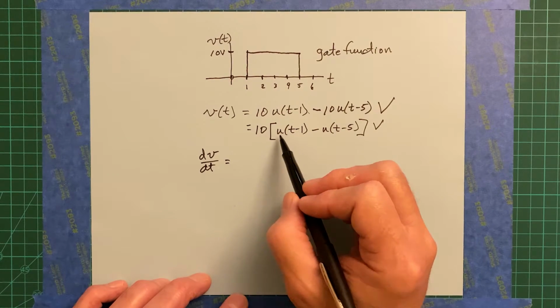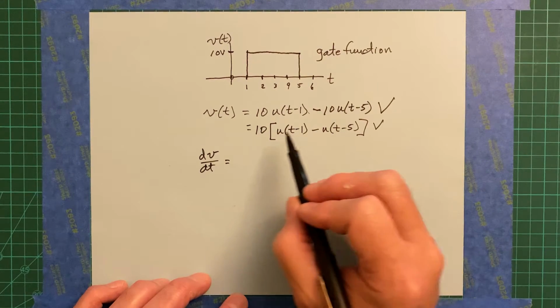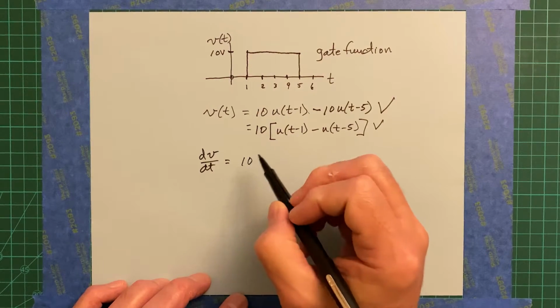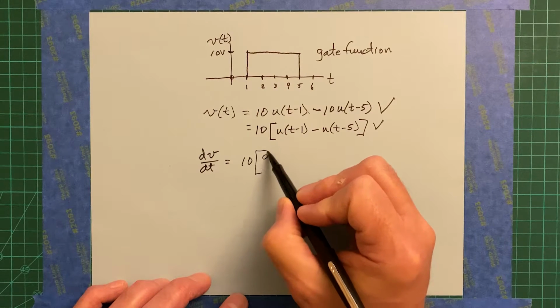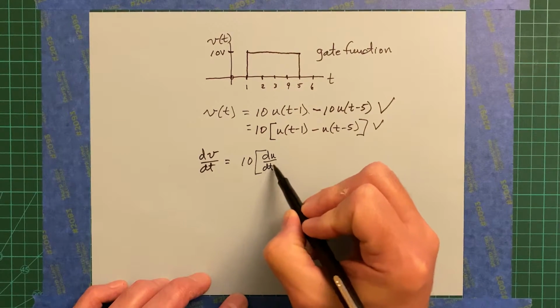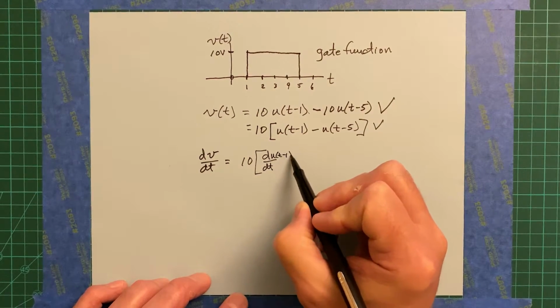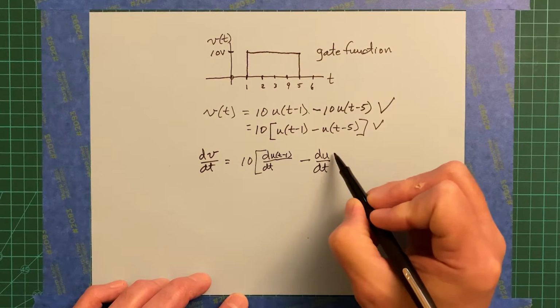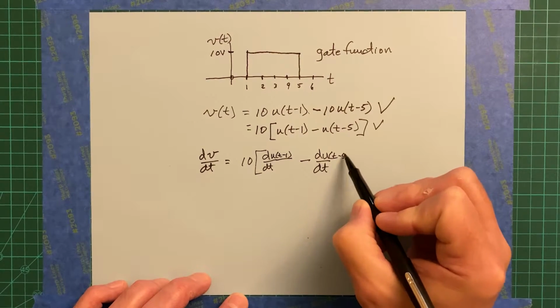Well, the 10 is a constant, so we're really just taking the derivative of each one of those unit step functions. So this is going to be 10 times du dt of t minus 1 minus du dt of t minus 5.